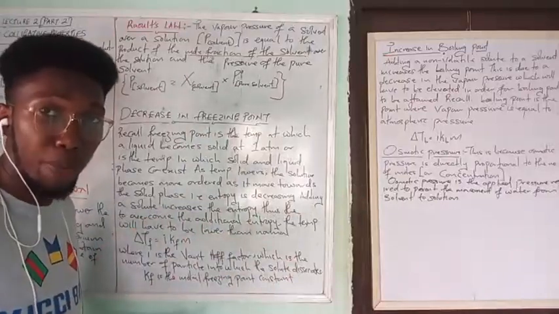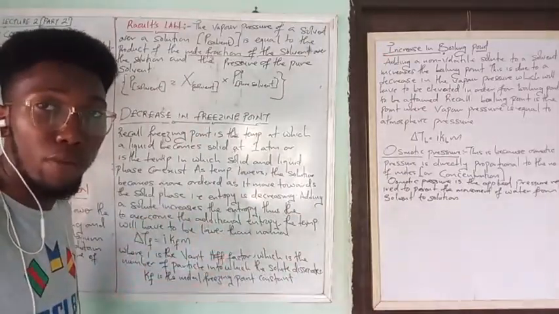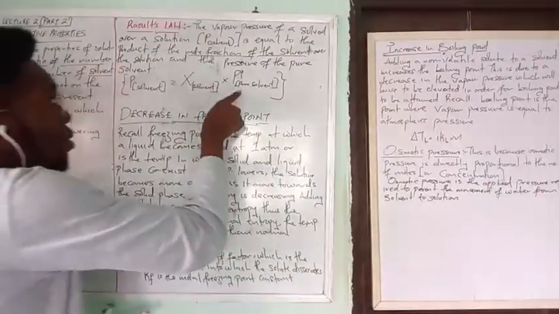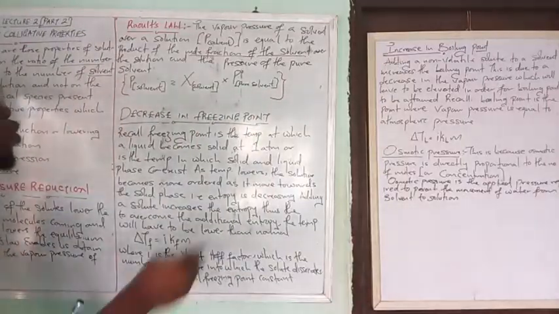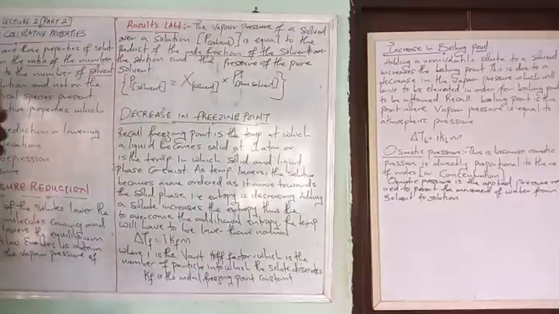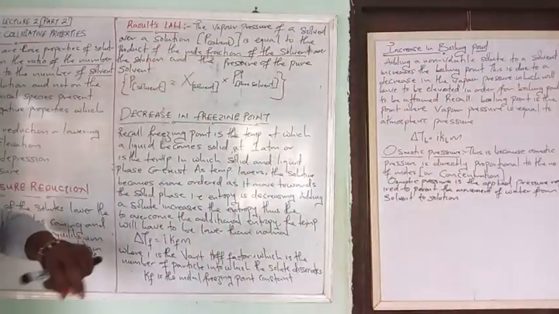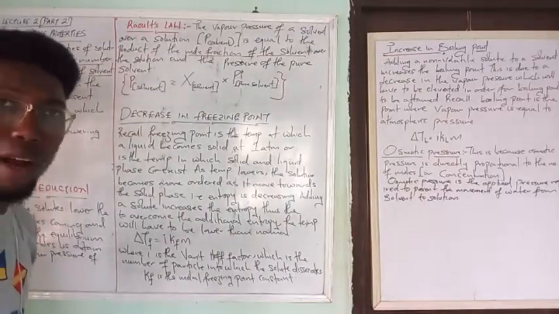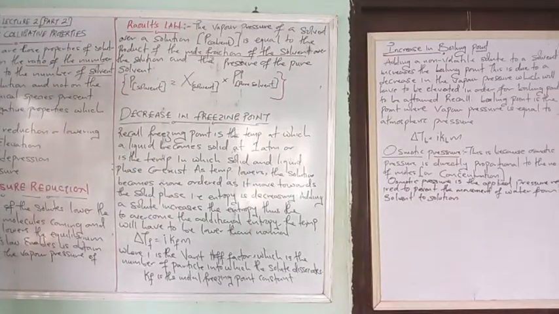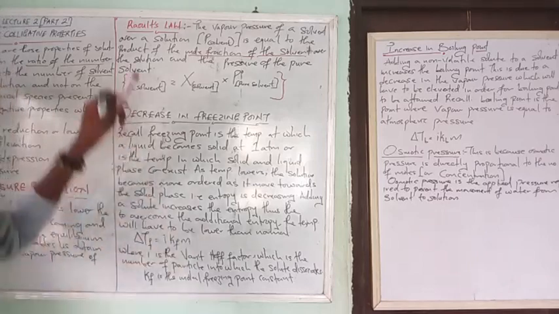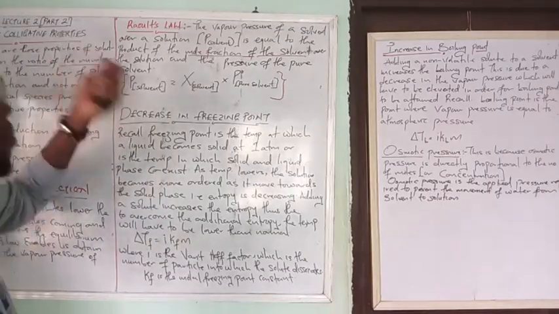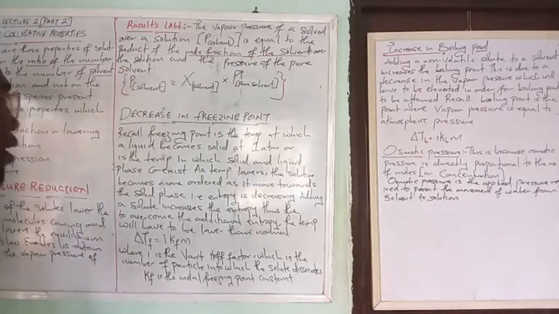You can obtain that by saying the mole of the solvent plus the mole of the solute, times the pressure of the pure solvent. We'll be solving questions on that soon, but we have some limitations to Raoult's law, like concentration. I'll be exploring how concentration serves as a limitation to Raoult's law in later lectures.